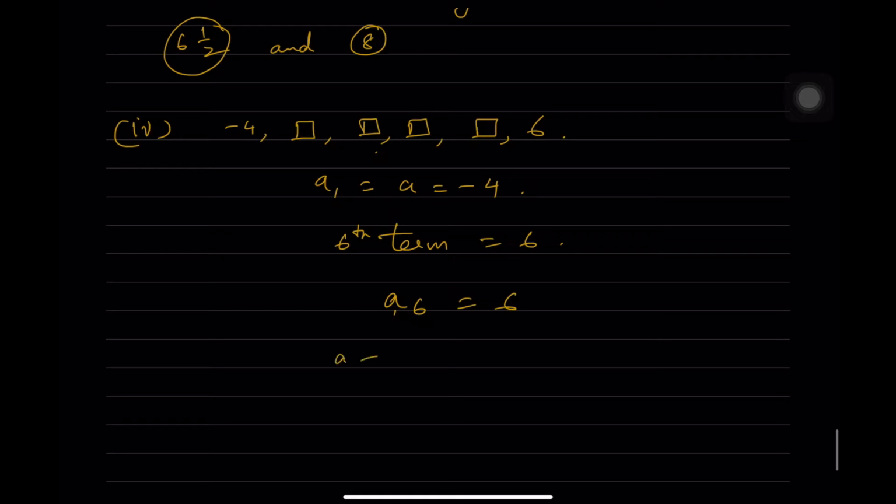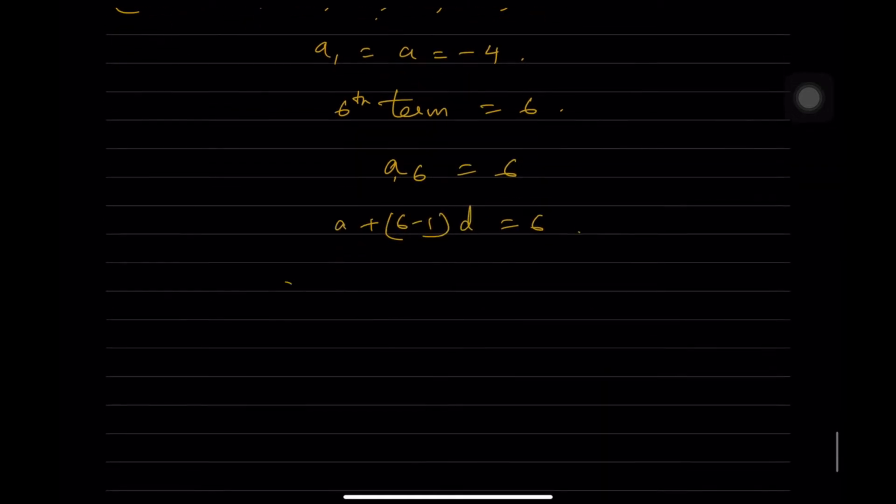It means that A plus (6 minus 1) into D is equal to 6, which implies that we know what A is. It is nothing but minus 4 plus 5D is equal to 6, which implies that 5D is equal to 10, because you are adding 4 on both sides. So therefore D is equal to 10 by 5, which is equal to 2.